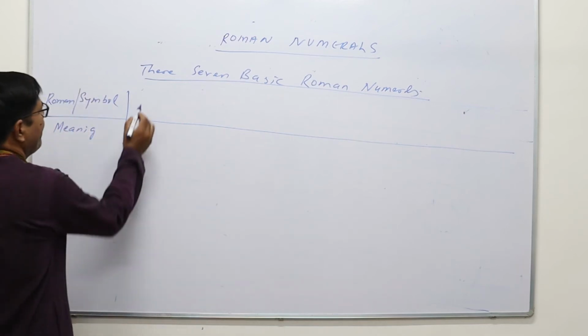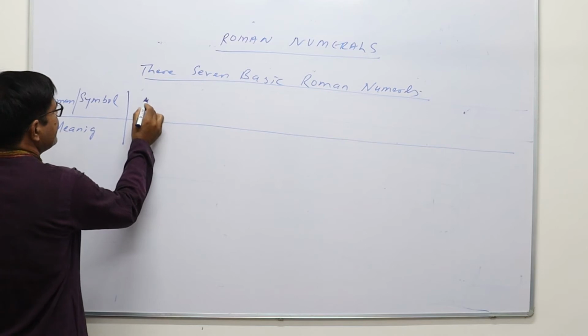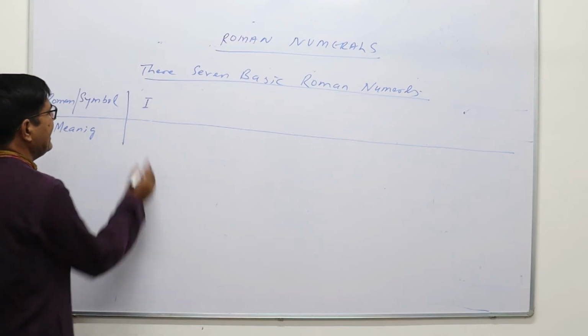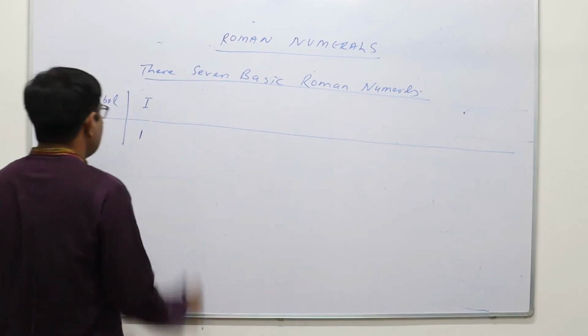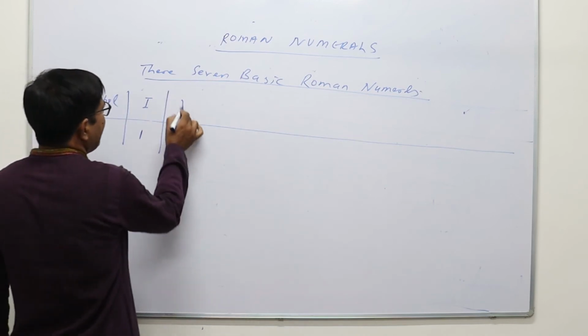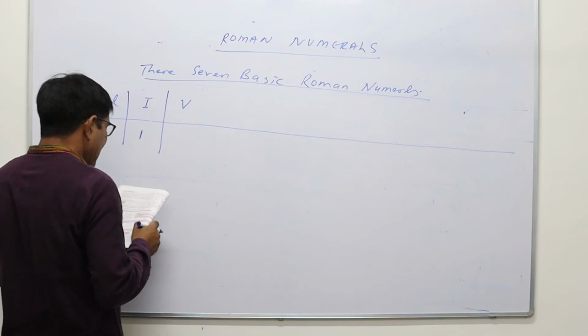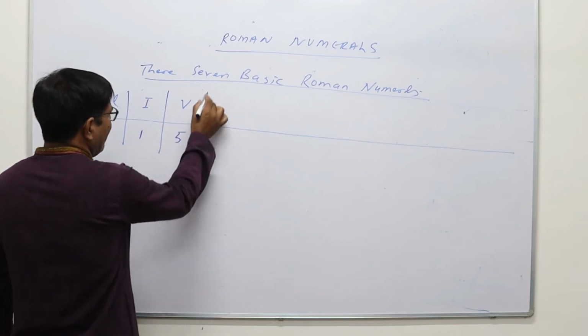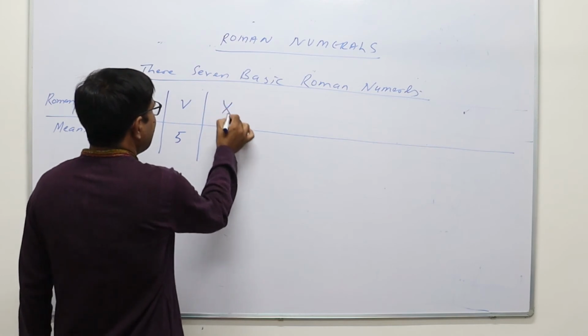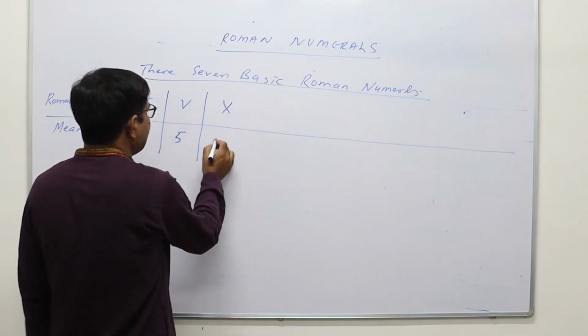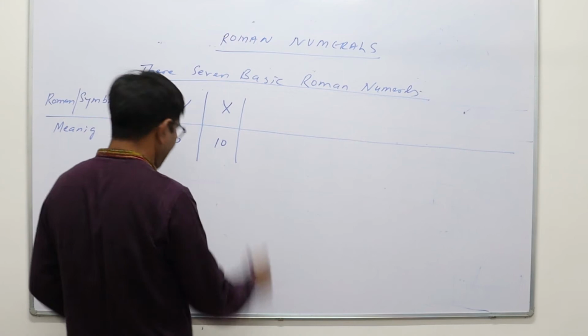First one, the symbol is represented by I and the meaning is 1. Then the second one we write as V and the meaning is 5. The next one is capital X and the meaning is 10.